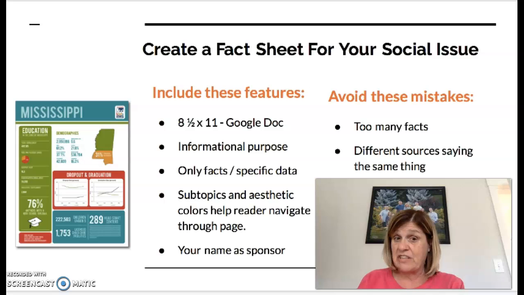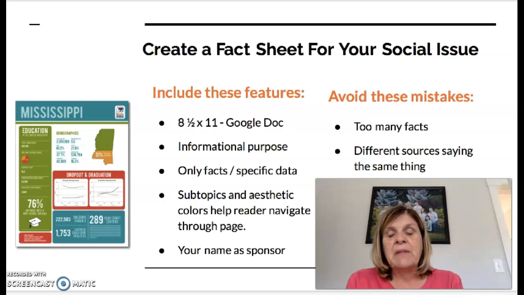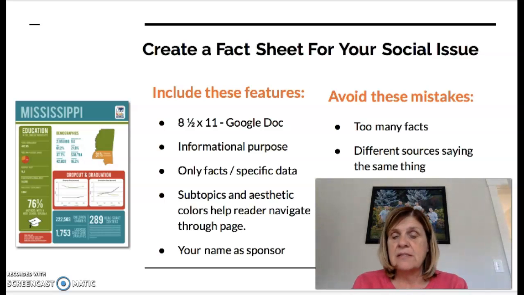So this is kind of a visual graphic design exercise. And finally, you need to put your name and your fictional nonprofit company on this page because I want to make sure it's your fact sheet and not somebody else's.